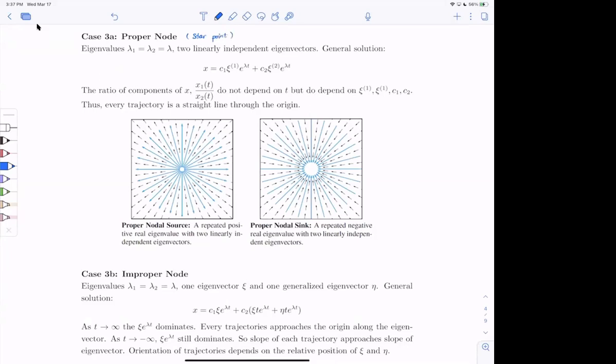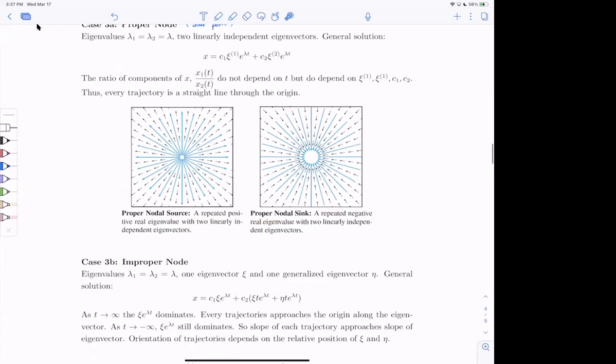And as always, you could have positive or negative. If it's positive, it's proper nodal source. If it's negative, then it's proper nodal sink. So again, positive is source, negative is sink. The graph should look something like this.